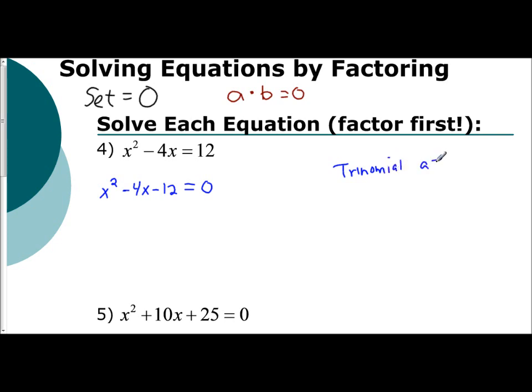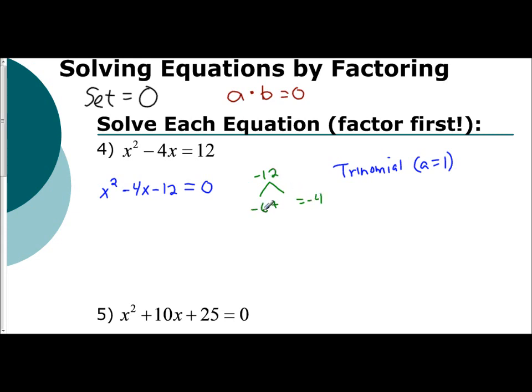It's a trinomial where A equals 1. And so that means we can use our product and sum technique. Your product is negative 12, and your sum is negative 4. So you want two numbers that multiply to give you negative 12 and add to give you negative 4.